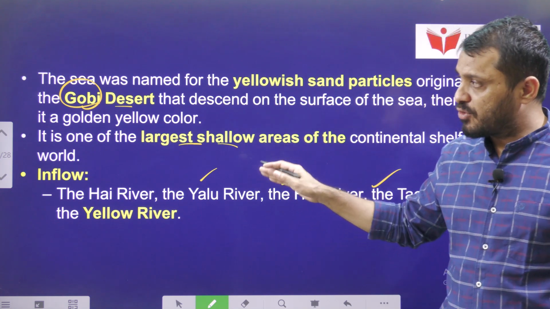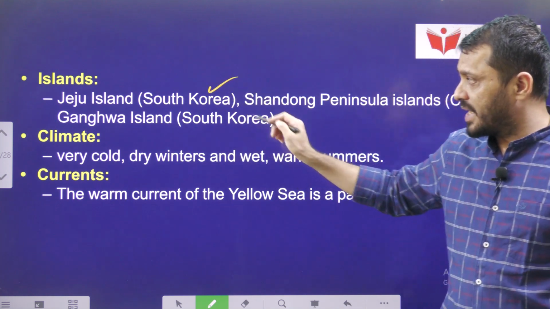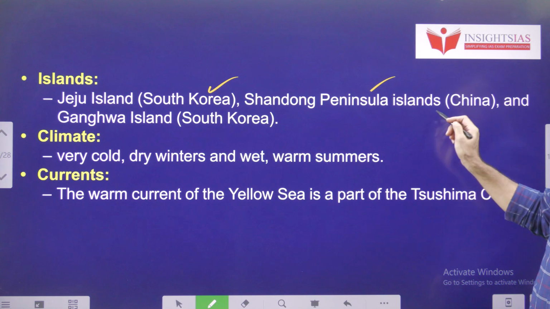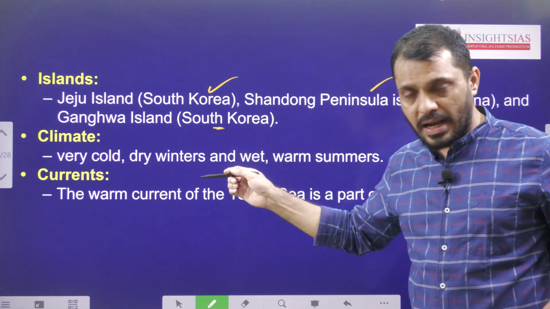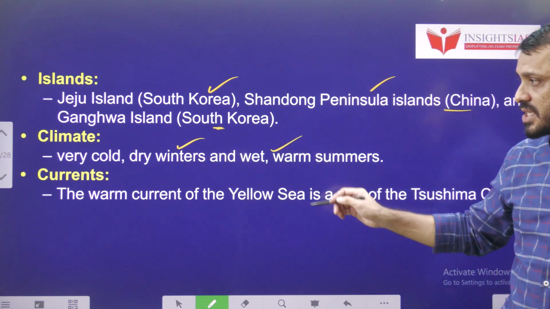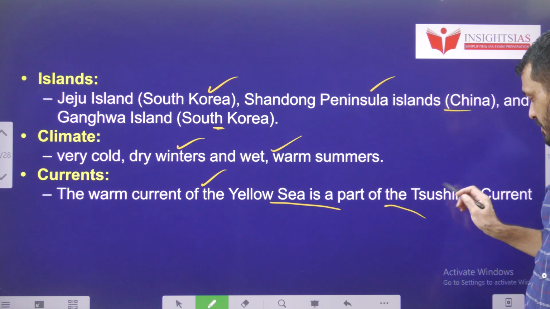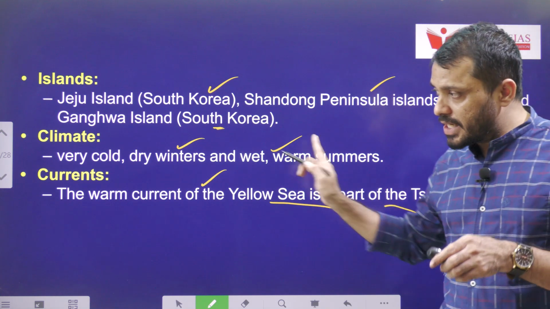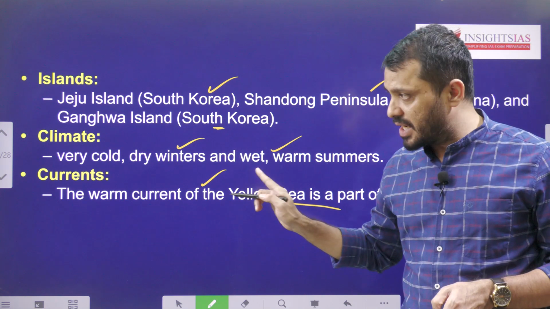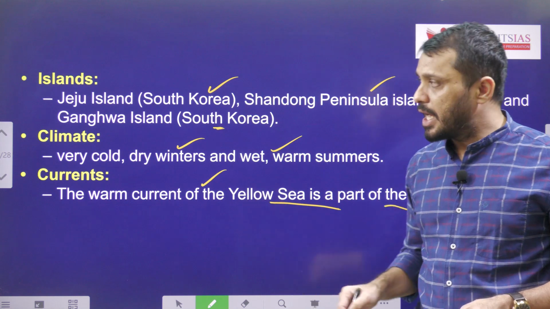Islands present in this LOC: Jeju Island, South Korea; Shandong Peninsula islands, China; and Ganghwa Islands, South Korea. Climate: very cold dry winters. As for currents, the warm currents of the LOC are a part of the Tsushima current. So the Tsushima current originates in this LOC, that we have to understand.